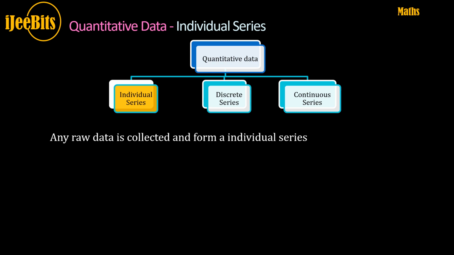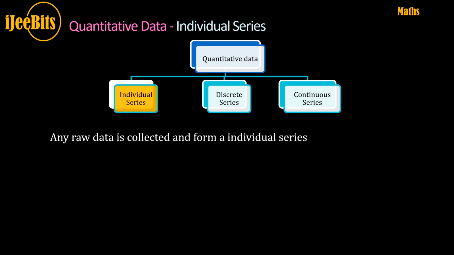So try to understand what individual series means. The definition: any raw data that is collected forms an individual series. What that means is, let's say you are collecting data from student marks.